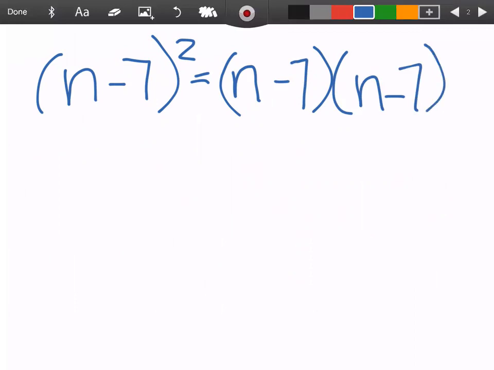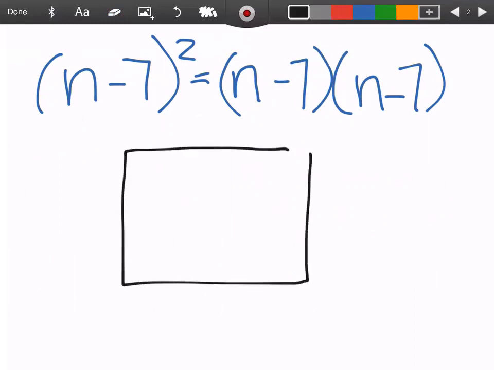And then we're going to use the box method for this one. So using the box method, we draw a square. And then inside the square, we're going to draw another square, and then we're going to split this into 4 different portions.